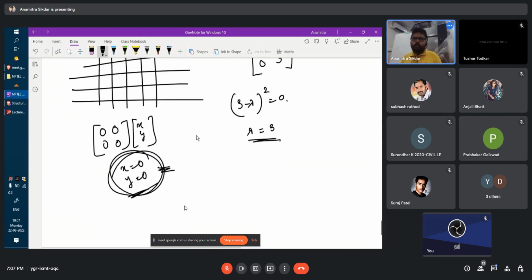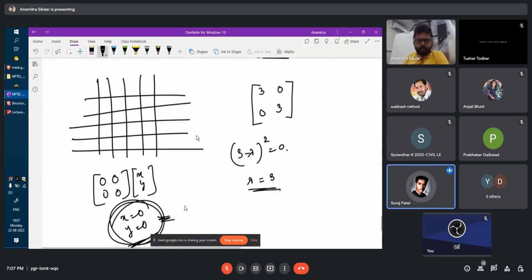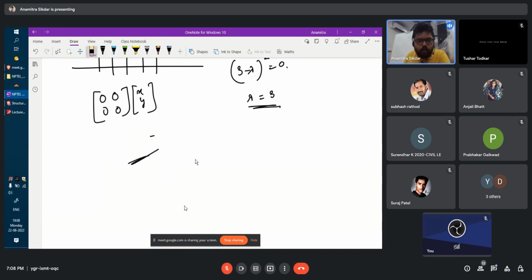Are we feeling it? Sir, there is a little confusion here: from x equal to 0, y equal to 0, how are we concluding that there will be infinite solutions? So these are the two equations, right? I'm sorry, this is not what you will get.